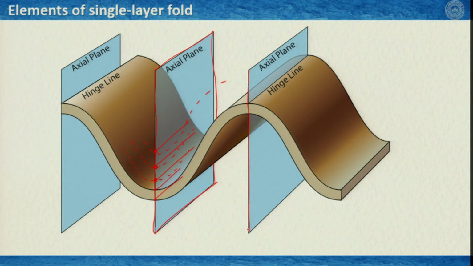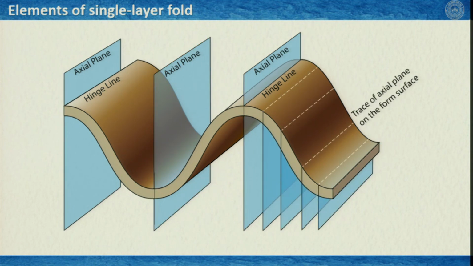Now, you can construct a series of planes parallel to the axial plane. This is a hinge line, and these parallel axial planes would intersect on the fold surface. You can see this axial plane is essentially passing through the hinge line. Of course, this is how it has to be. This also defines the fold axis.